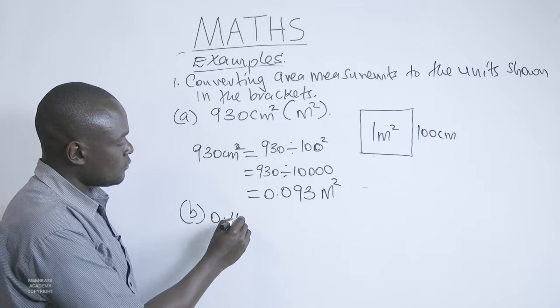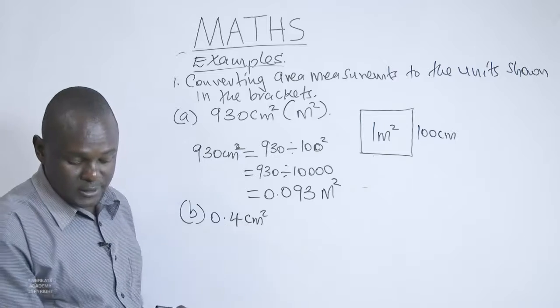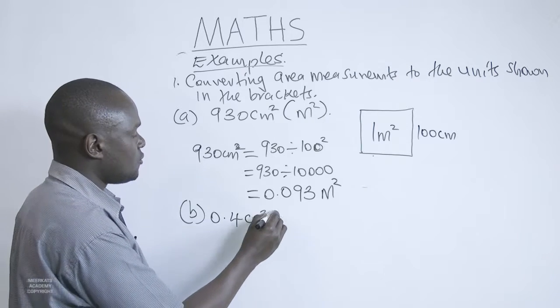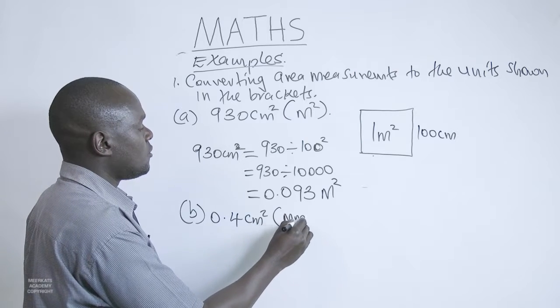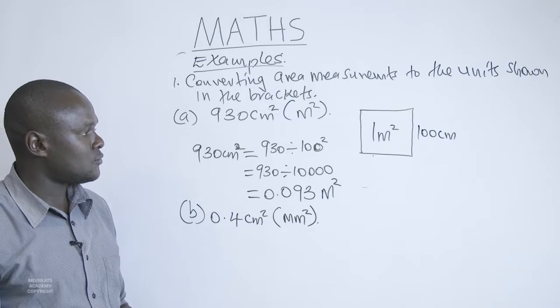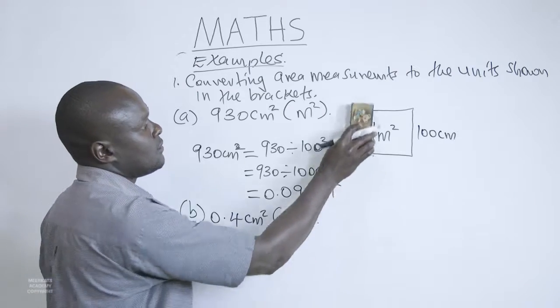The second example we are going to look at this morning is 0.4 square centimeters, and this should be converted to square millimeters.